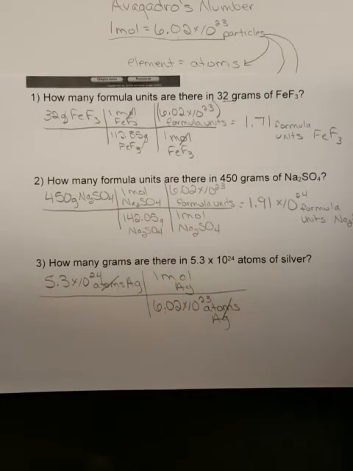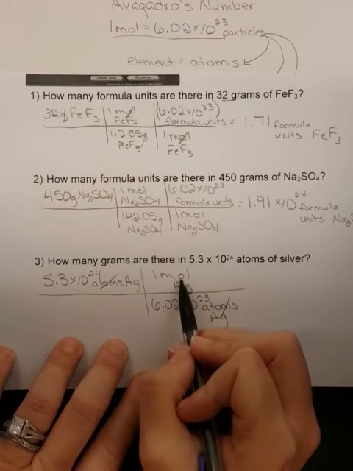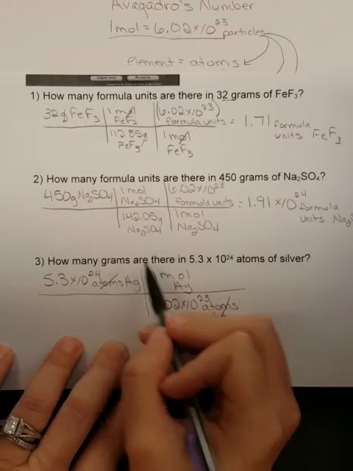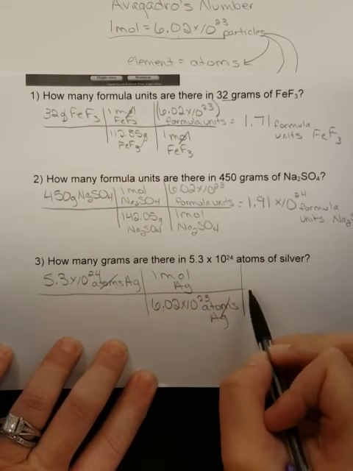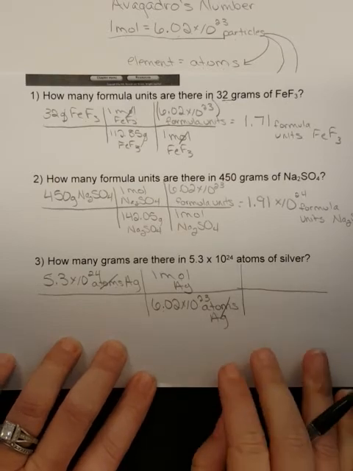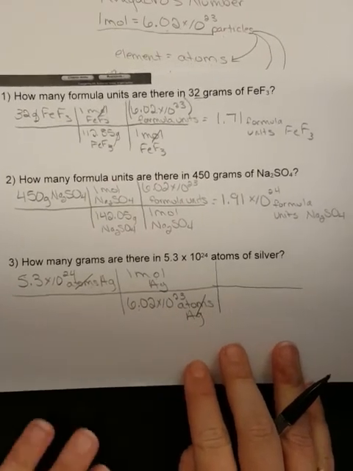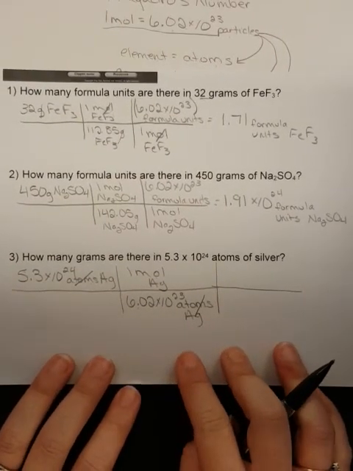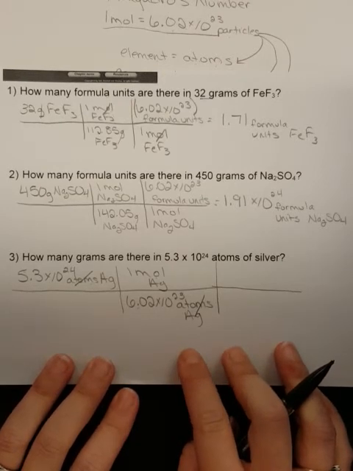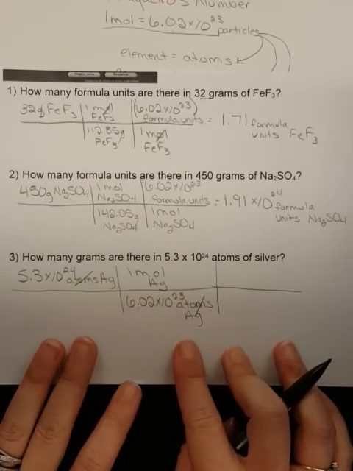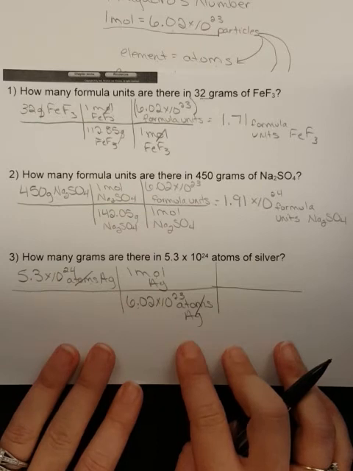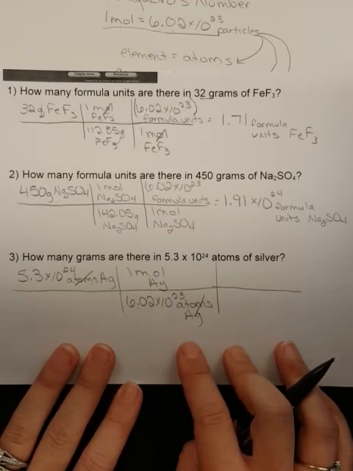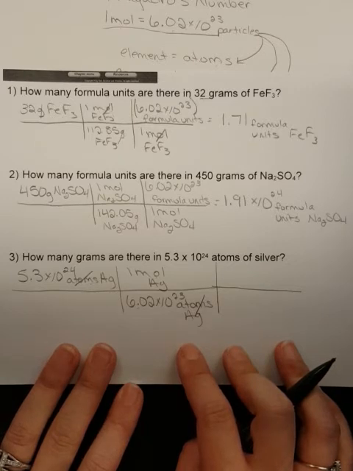All right, so my unit of atoms cancel out. Right now I'm left with moles. It doesn't ask for moles. It asks for grams. So because I don't have a matching unit here and in my question, I know I need another box. All right, so you should ask yourself, what do I know about moles and grams? Well, anytime you're doing this and you need something for grams, automatically go to the periodic table. So look up the mass on the periodic table for silver. It's 107.87 grams per mole.